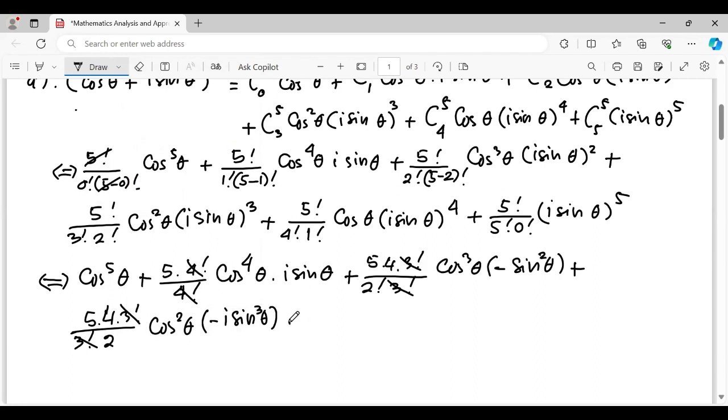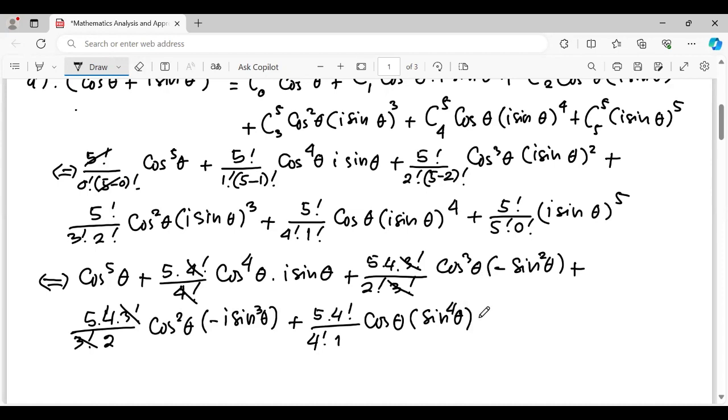After that, this one is 5 times 4 factorial over 4 factorial times 1, cosine theta, and i power 4 is positive 1, so this is sine theta power 4.